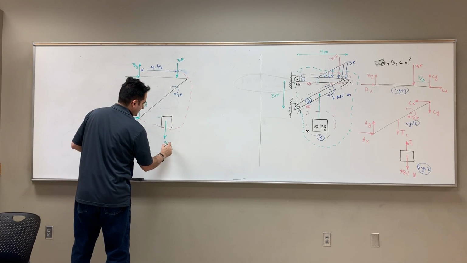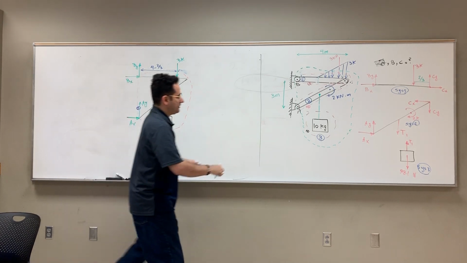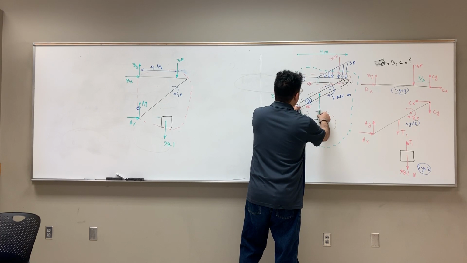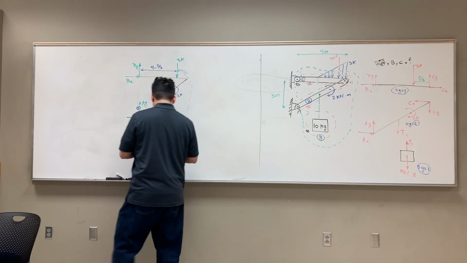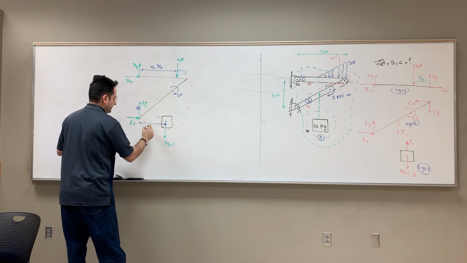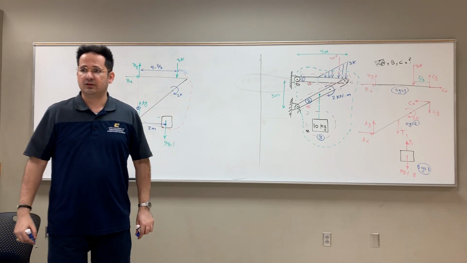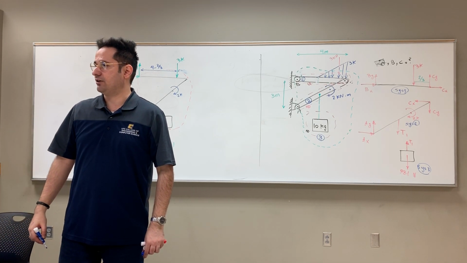And this is 9.81 mg. And I know the distance. If I measure from this line, this distance is 2 meters. So that's it. That's my free body diagram.